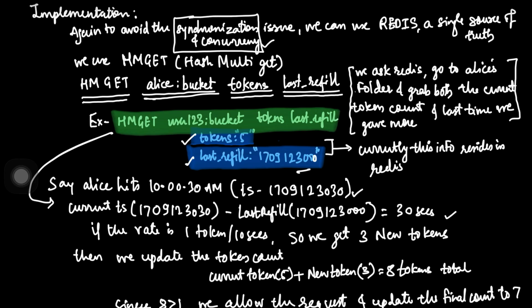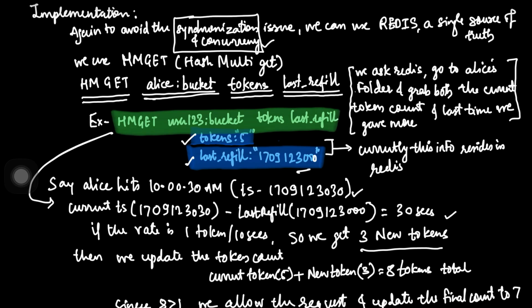Now we also discussed that there is a refiller in the token bucket algorithm, which refills the bucket in every unit of time, whatever is mentioned over here. So in our case, let's assume the rate is 1 token per 10 seconds. So obviously 30 seconds means we will have 3 new tokens. Now we calculate the token count, which is the most important thing over here.